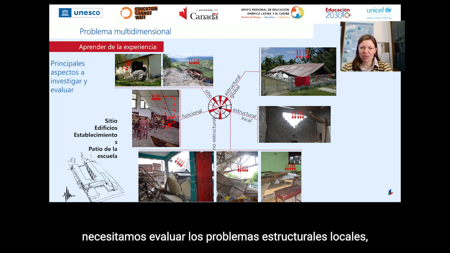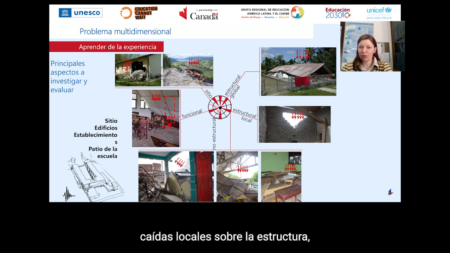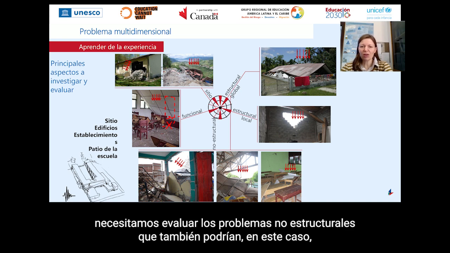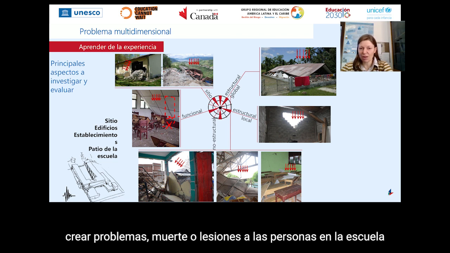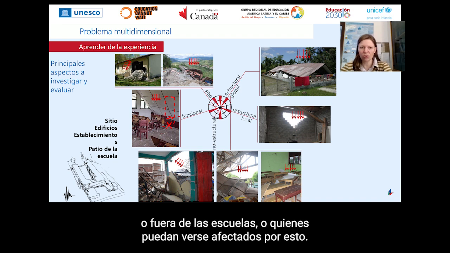We need to assess the structural local problems, so local faults of the structure. We need to assess the non-structural problems that could also in this case cause death or injuries to the persons in the school or outside the schools that can be affected by this.